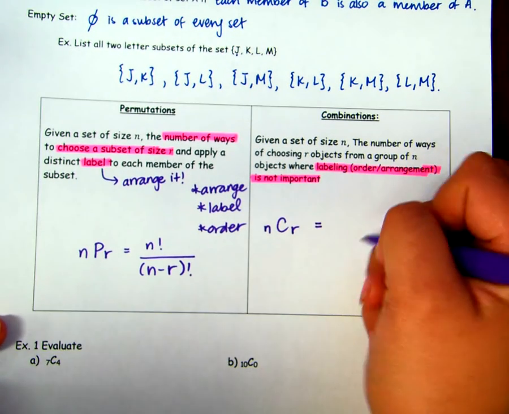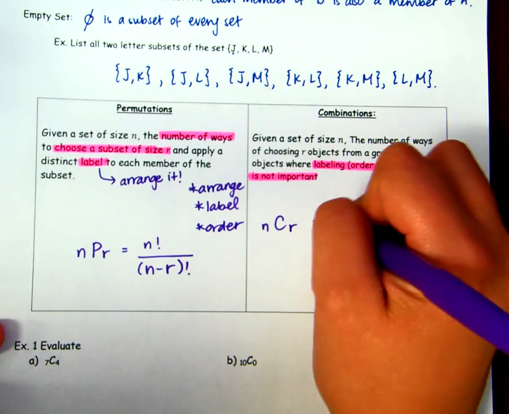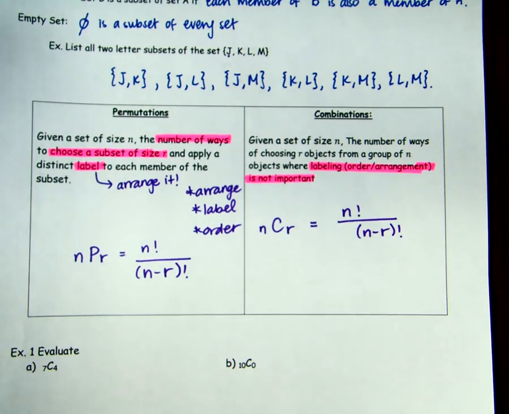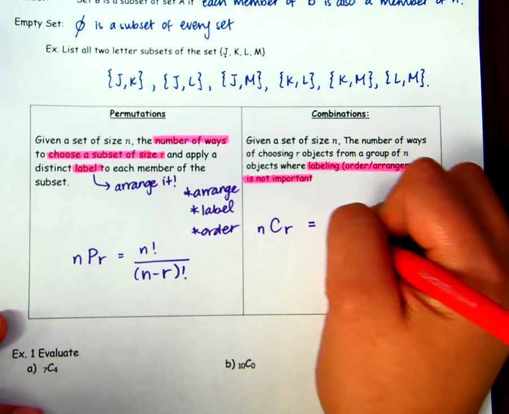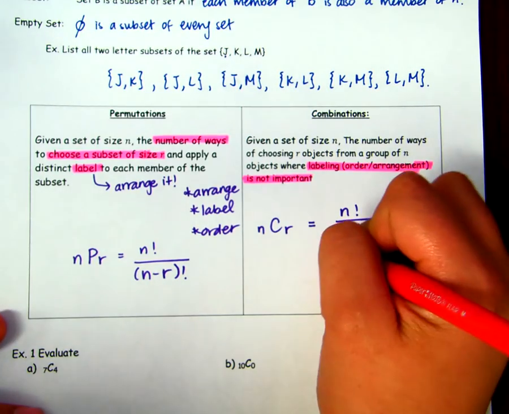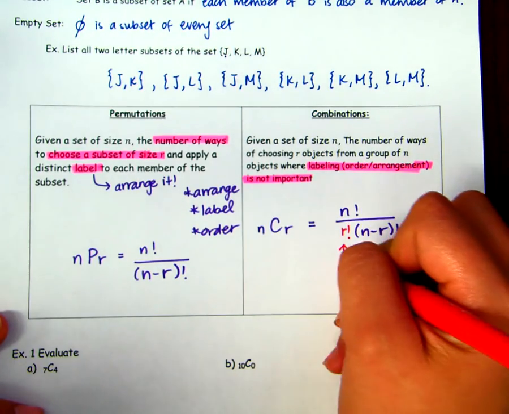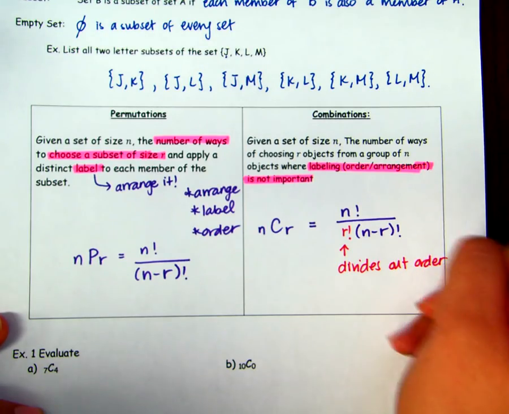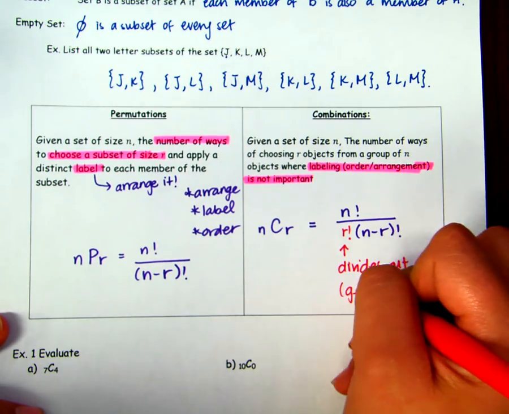It is very similar to a permutation, so you're still going to have n factorial over n minus r factorial. But because I don't care about the order, I'm not going to worry about double counting. So we're going to go ahead and divide out r factorial. What this does is it divides out the order. It gets rid of labels.